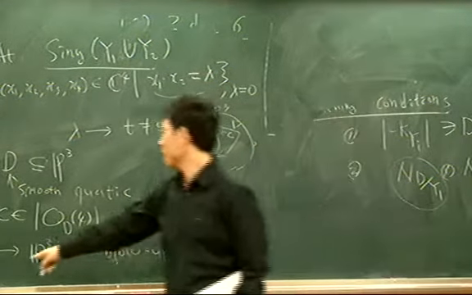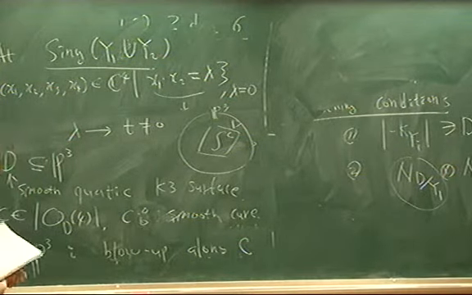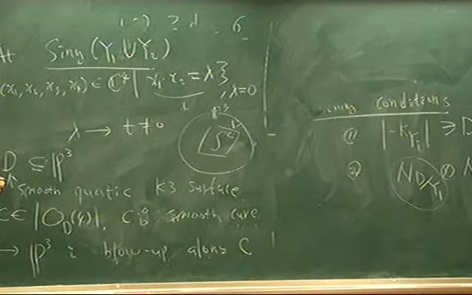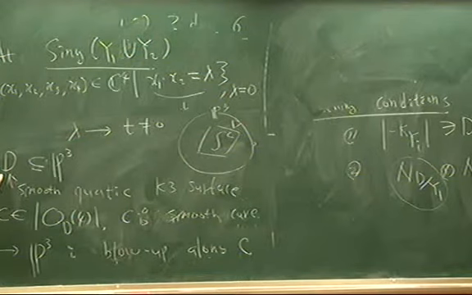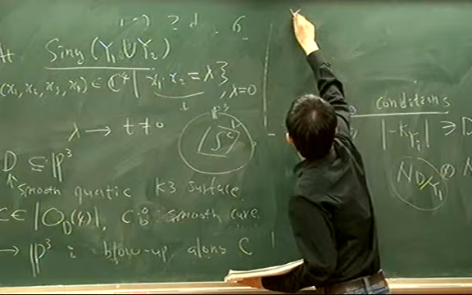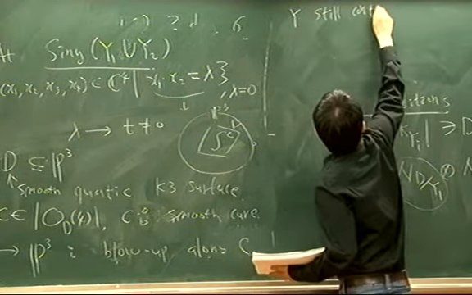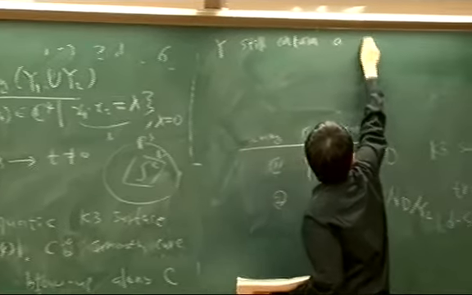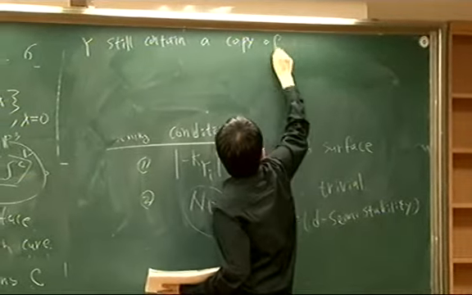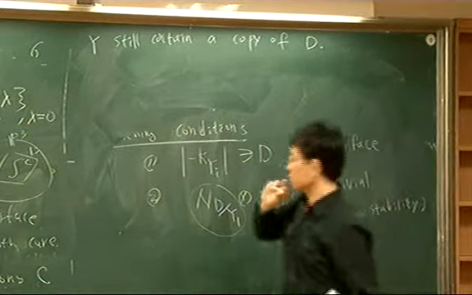You have Y, and if you consider the proper transform of D, then D does not change, because the blowing up center is inside D. So in this case, it doesn't change, and Y still contains a copy of D.